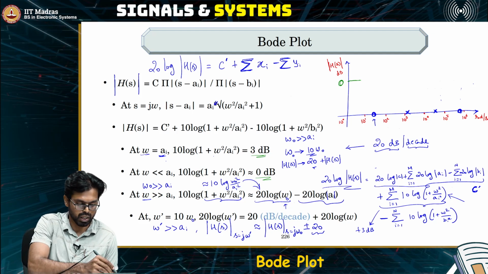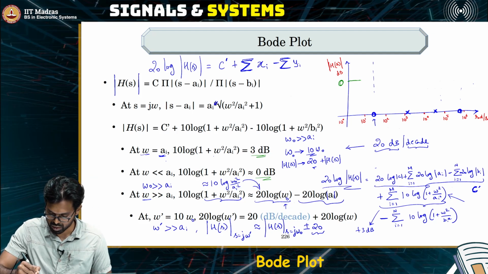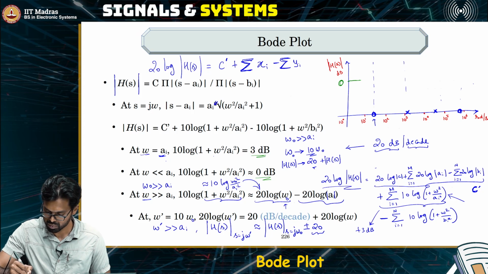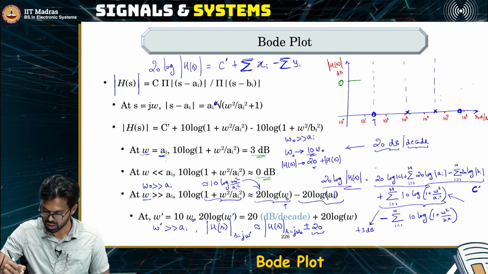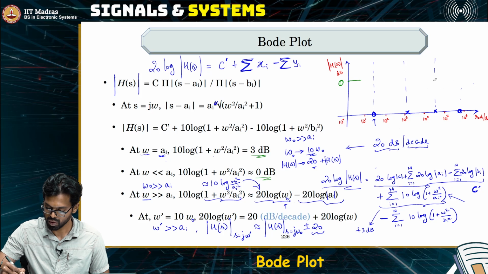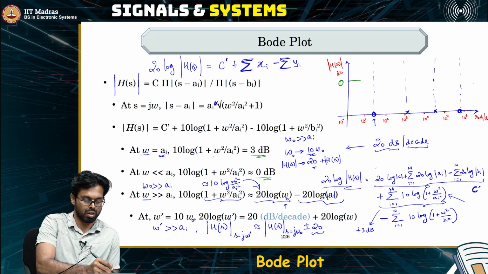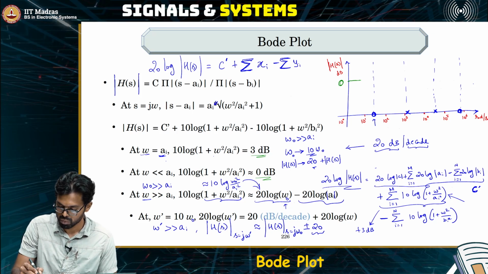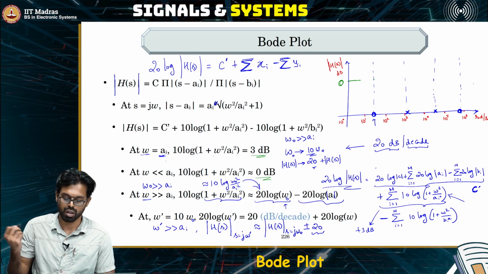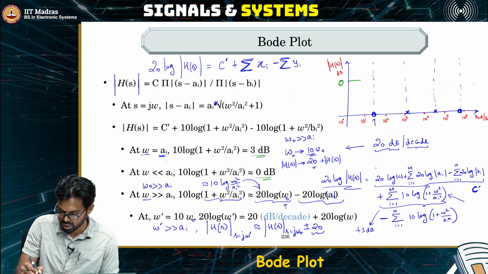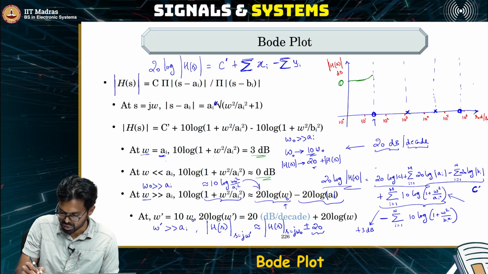So, by the time that we hit this point, we should see a change in the magnitude. So, let us say this is our point. So, there should be a change of 3 dB.